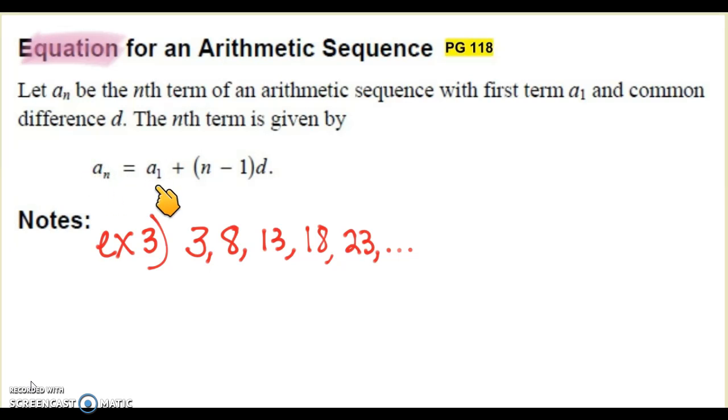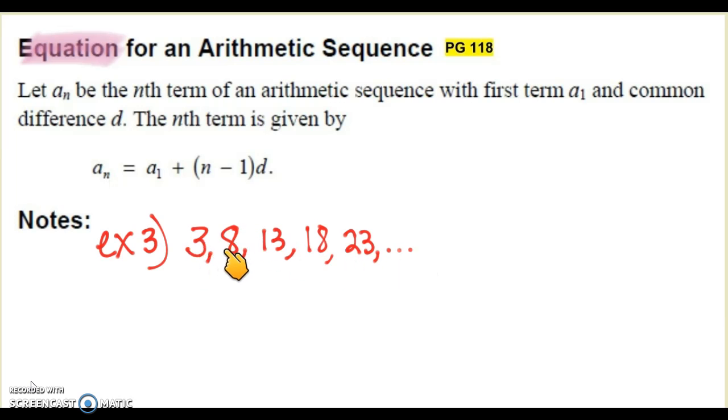It's equal to a sub 1, which is the first term, plus the quantity n minus 1 times d, which is the common difference. And so n would be the term number. So if I was looking for the 6th term, then as long as I knew the first term and the common difference, I can use this equation to help me find the value of the 6th term.